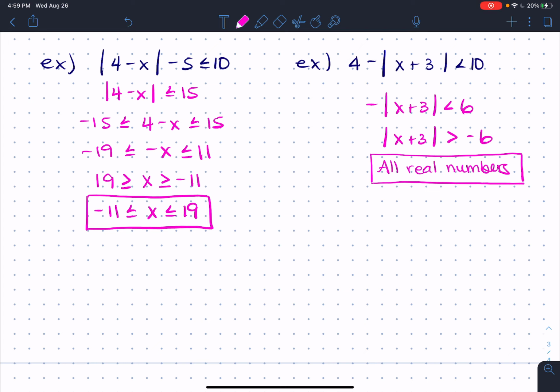By the way, just some notation for all real numbers. Totally fine to write the words out like that. Mathematically, there is a symbol that looks like this. It's just an R with an extra line drawn in it. In fact, when you see it typed, it's more of a fancy R. Sometimes when you see it typed, you'll see it like this with an extra line.